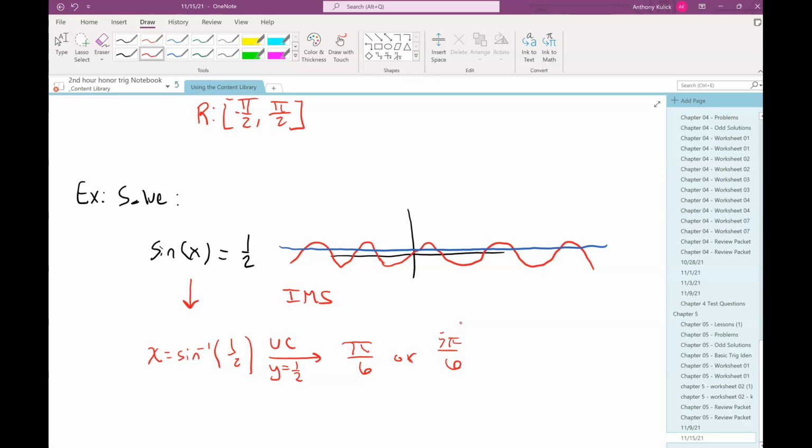So inside of one period, actually on the unit circle, we've located those two solutions, right? Everybody agree with that?